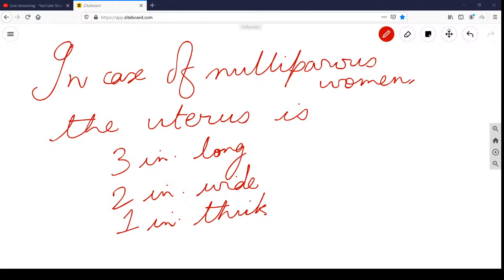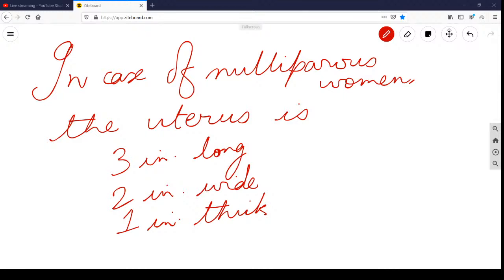In multiparous women, those who have previously borne children, the uterus is larger and its shape is much more variable, because when you conceive the uterus increases in size and then after childbirth it undergoes atrophy.